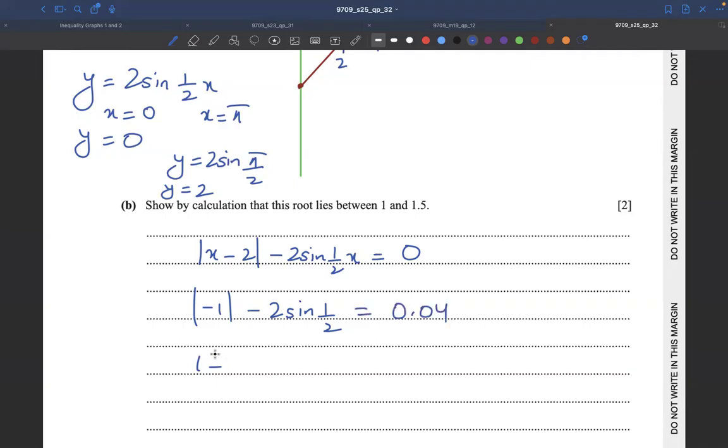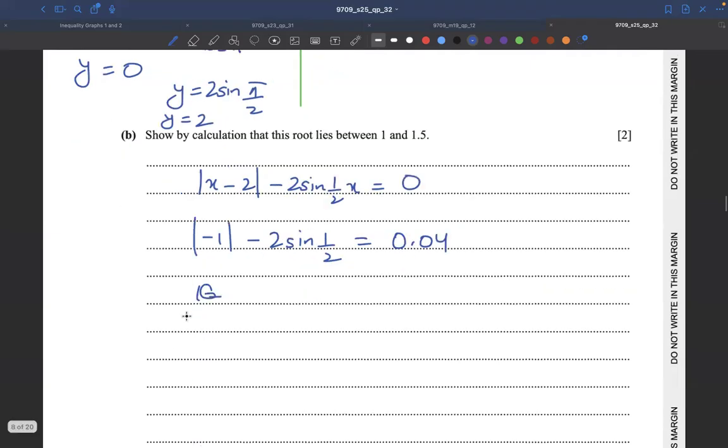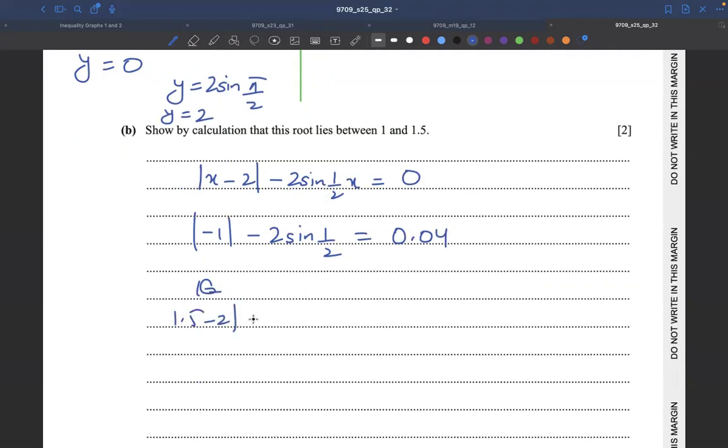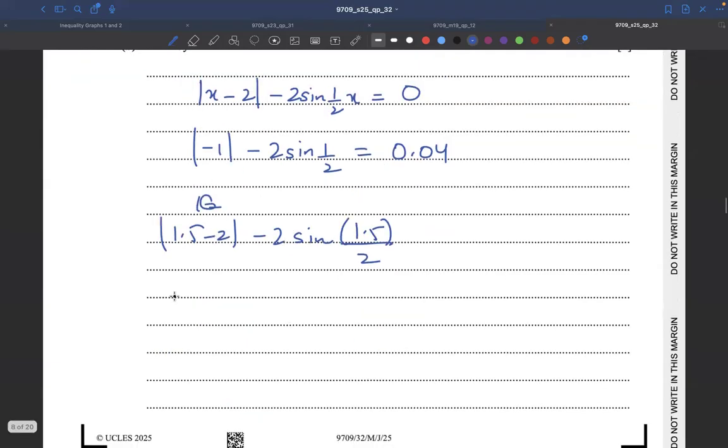And now substituting 1.5 over here, we'll get modulus of 1.5 minus 2, minus 2 sine of 1.5 upon 2. So this will become minus 0.5, but with the modulus sign, that will be a plus 0.5. So 0.5 minus 2 sine of 1.5 upon 2.